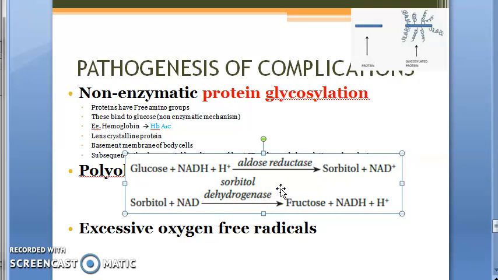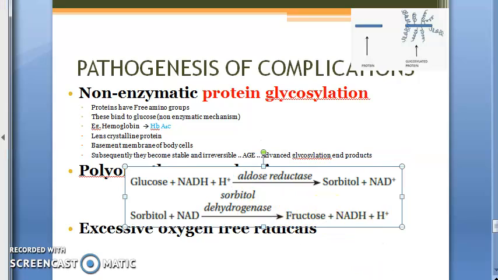Glucose is there, right? Hyperglycemia. In this, glucose will become sorbitol, and sorbitol will become fructose. Glucose with the help of aldose reductase becomes sorbitol. This sorbitol with sorbitol dehydrogenase becomes fructose.